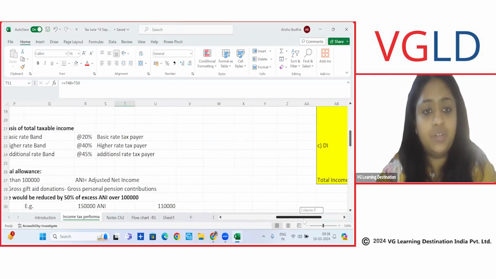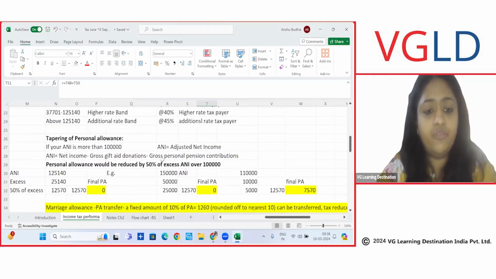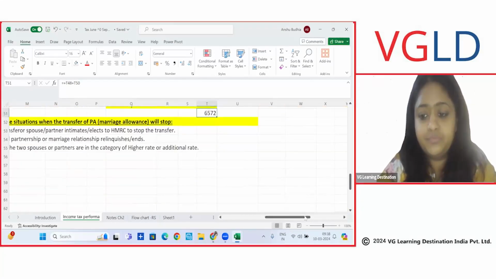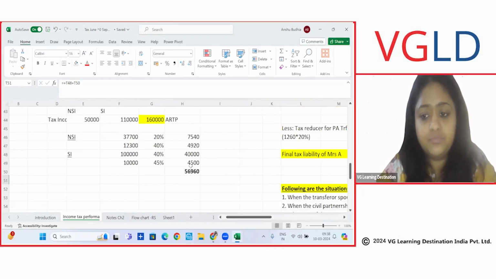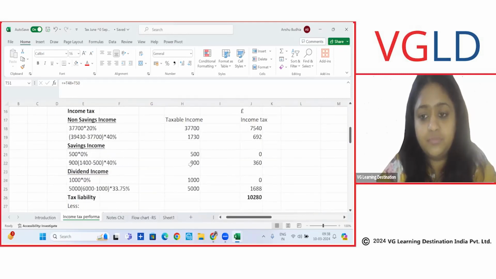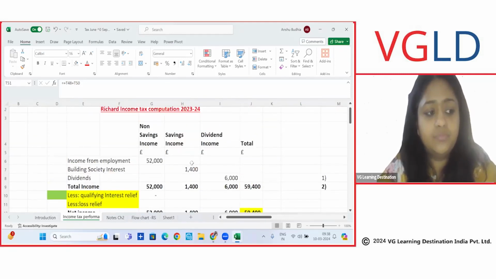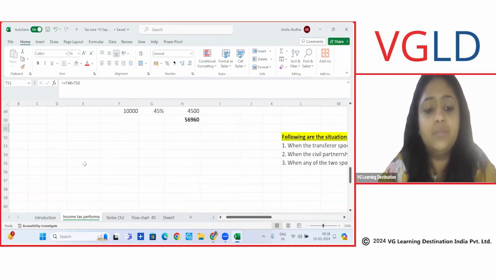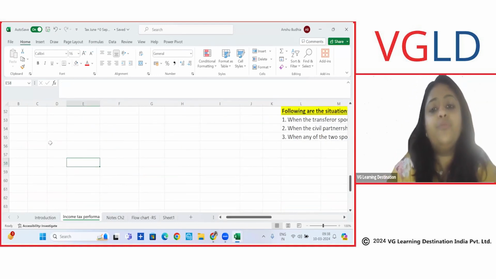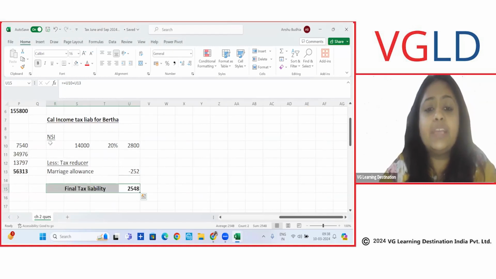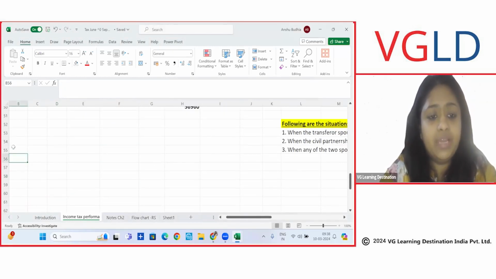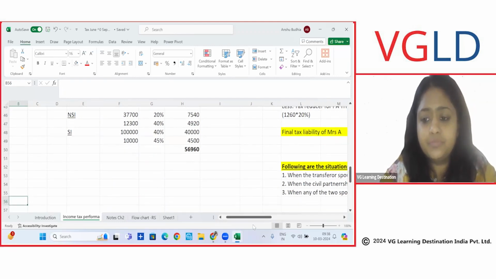I will share this sheet also after the class, so you can refer to everything that we have covered here. Now please see here. Now I'll take up the concept of extension of rate band. Please be attentive when I take up this concept.